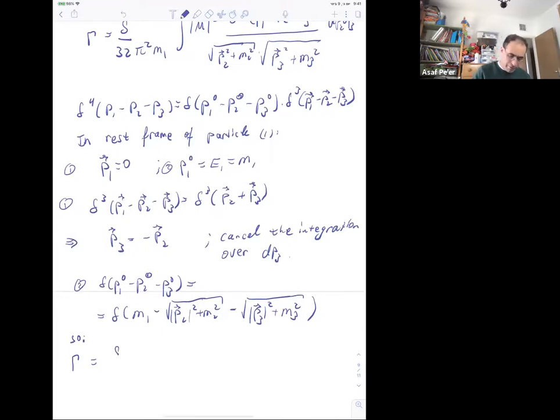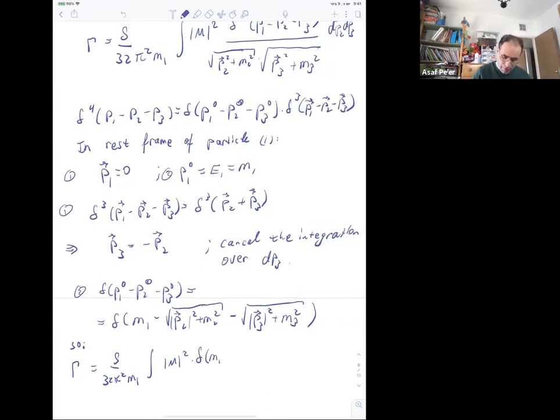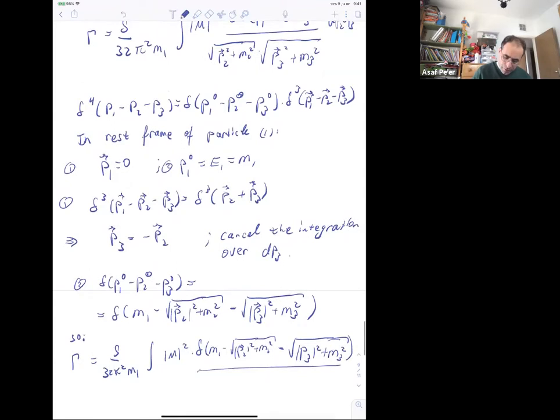Gamma is S over 32 pi squared M1, and then the integral of M squared, and then we have this delta of M1 minus the square root of P2 squared plus M2 squared, minus the square root of P3 squared plus M3 squared, divided by the square root of P2 squared plus M2 squared times the square root of P3 squared plus M3 squared.